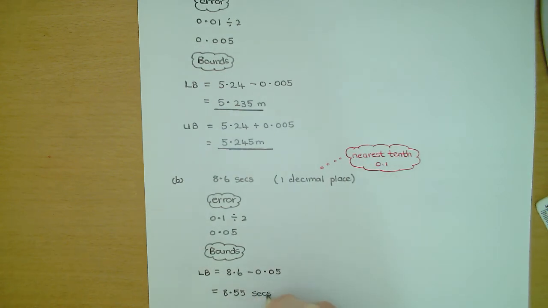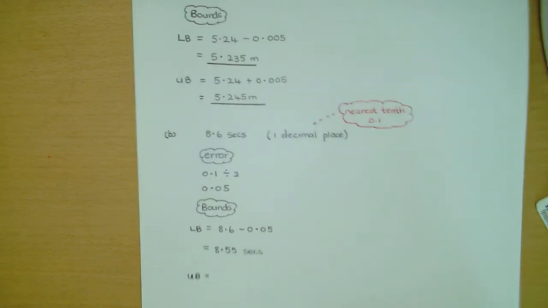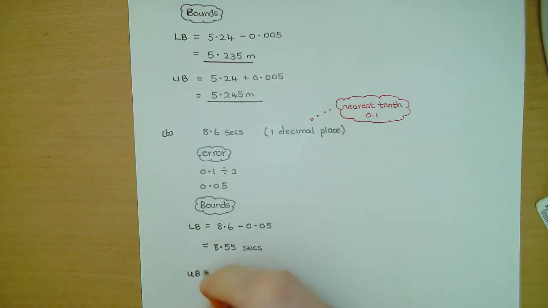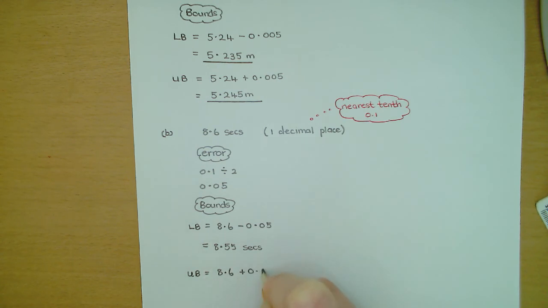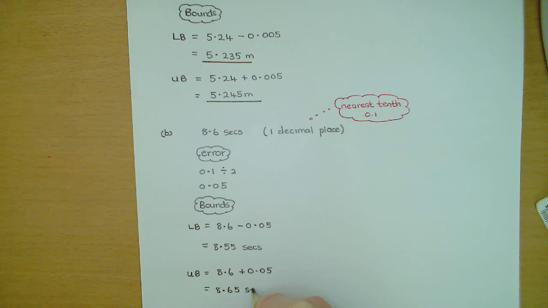And then our upper bound. Well, we're going to take our rounded value and we're going to add on the error. So that's going to give us 8.65 seconds.